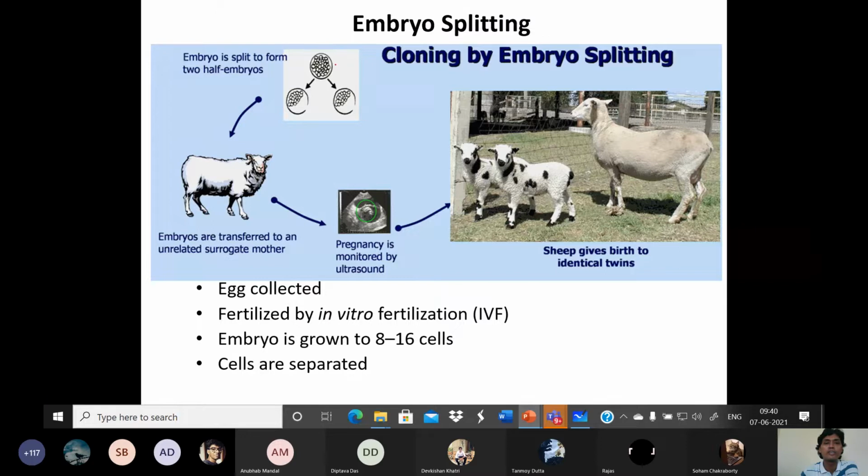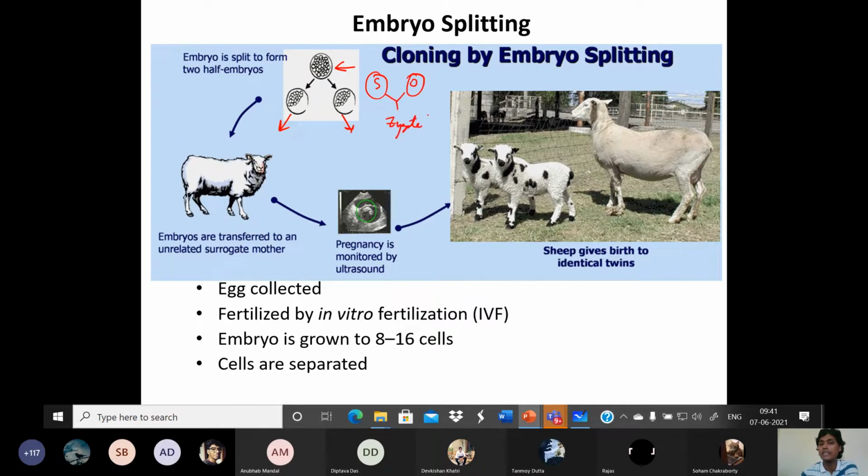If this is the embryo, it can be split into two, and these two embryos can give rise to two different animals, but they should be clones because they have everything the same in terms of their genetic information. Why? Because, as I told you, this is sperm and this is ovum. They fuse together, that is zygote.